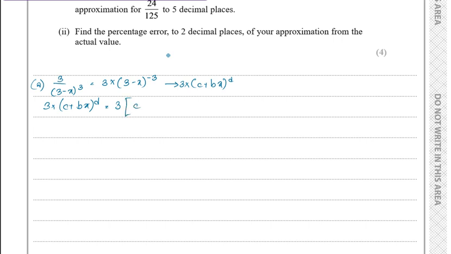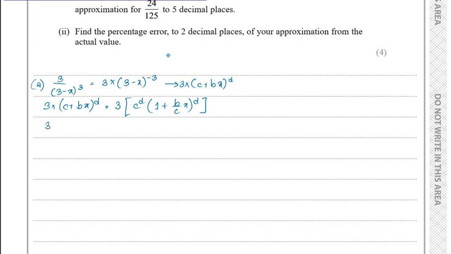So we take the c out from the bracket, so there will be c here, and there is a power, so we need to write that index, and it would be 1 plus b by c x to the power d.